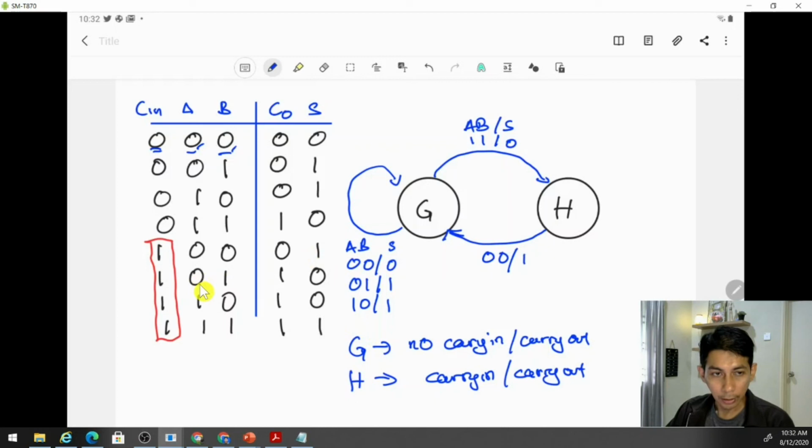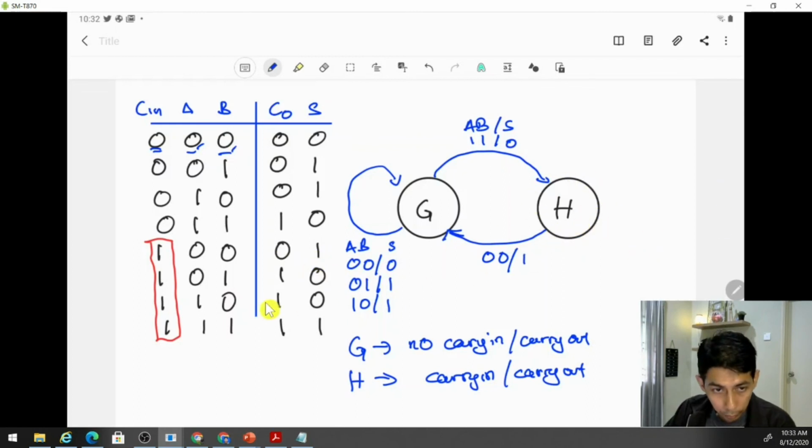But when 0, 1, because you have carry equal to 1, you should remain at H, and the output should be 0.